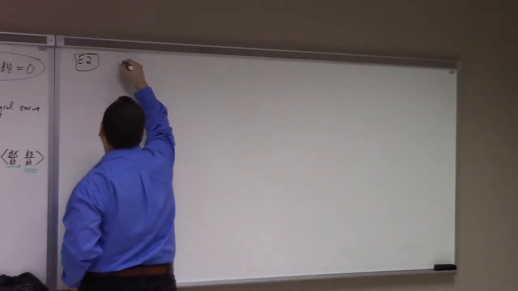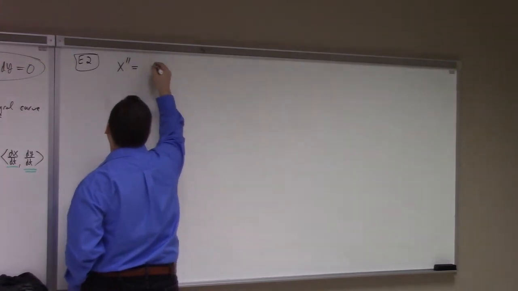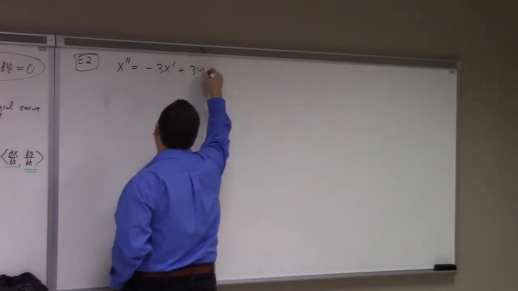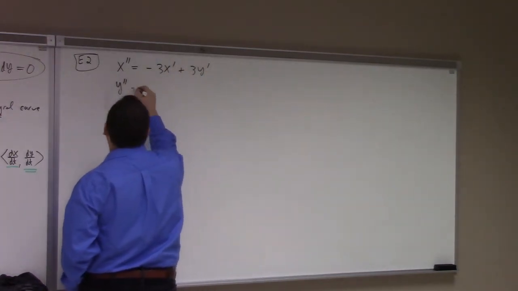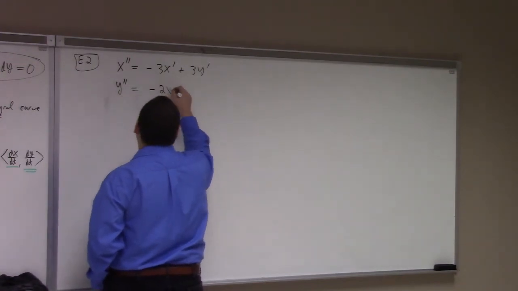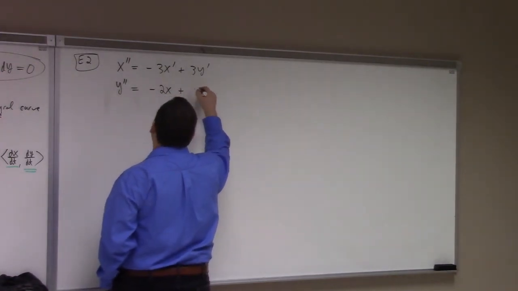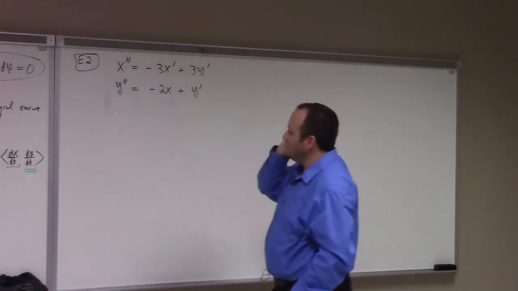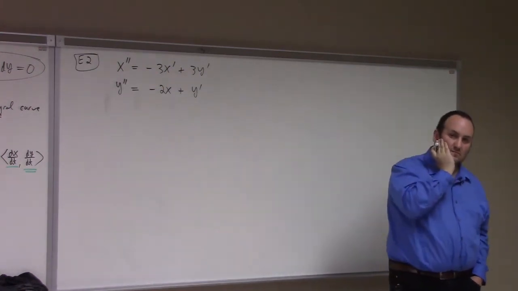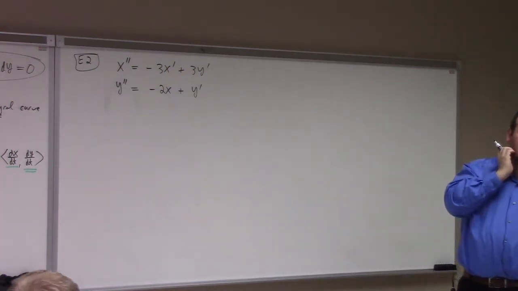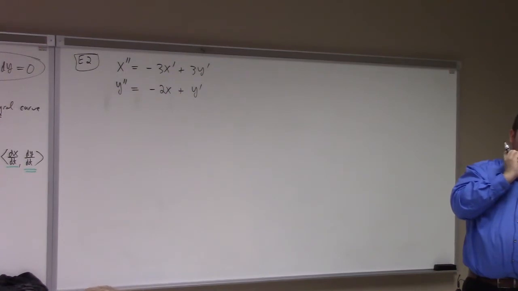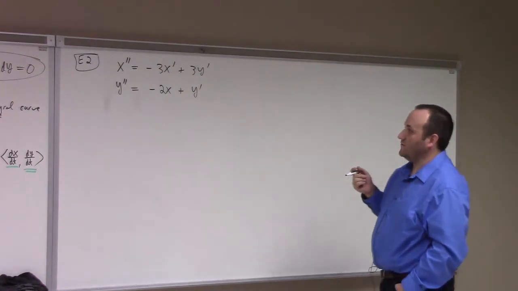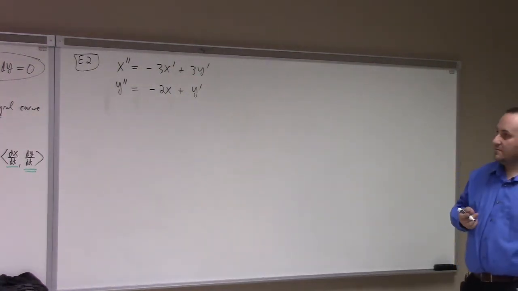What if I had x prime prime equals minus 3x prime plus 3y prime, and then I have y prime prime equal to minus 2x plus y prime, and I want to solve that system. I'll just tell you, I just don't want to solve that using our current method. It would be a pain. It would eat up a lot of my time in here.